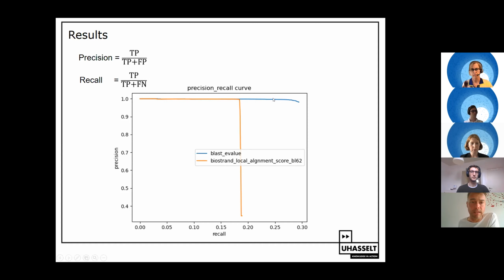You can immediately see that the problem that we addressed here is extremely difficult. BioStrand cuts off at a recall of 30%. It means that from our 100 repeated searches, only 30% of the true positives that were truly in the list could be recovered.